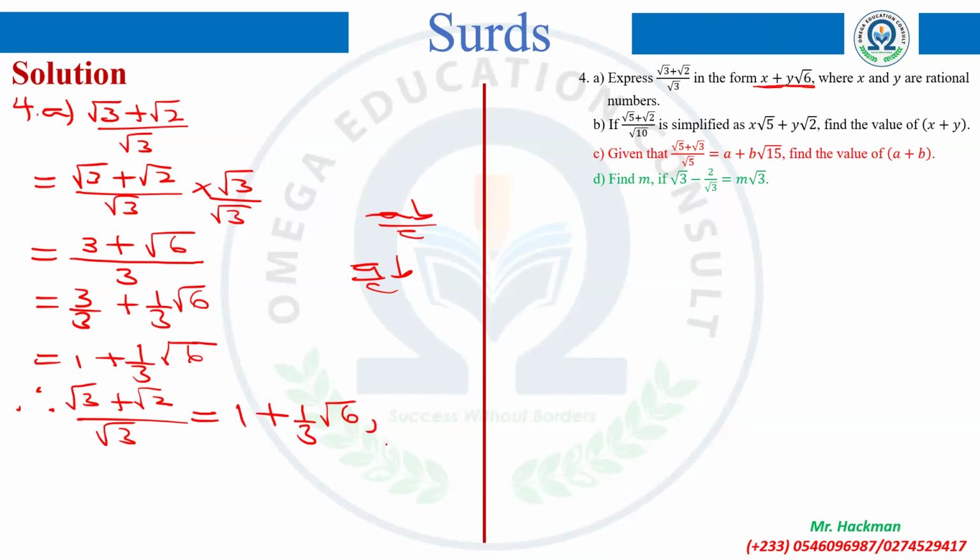However, you can't end here. You write comma, you compare this form to your result here and attach the values of the x and y, the letters there. Very important. So if I compare, comma, my x will be equal to 1. Do you agree?